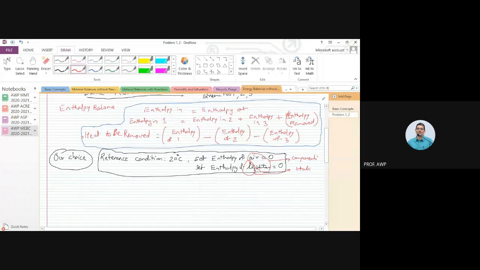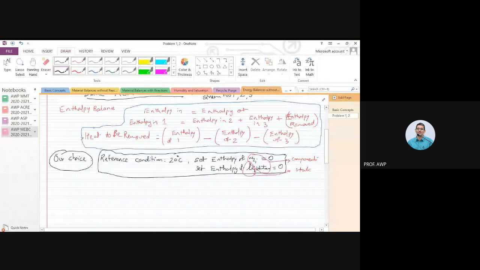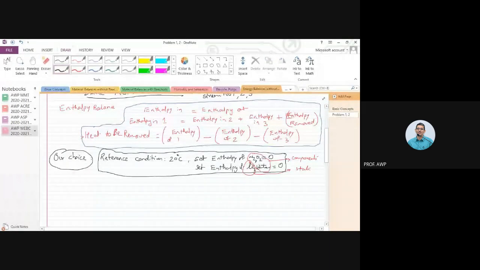So for my own convenience, I am setting that at 20 degrees centigrade, the enthalpy of liquid water is 0, the enthalpy of air is 0. When I say air, I mean the nitrogen and oxygen, the dry air part of it. Praveen, is that okay? Okay, sir.